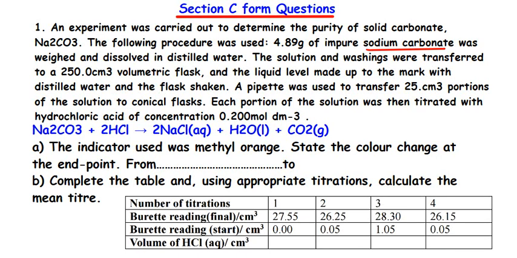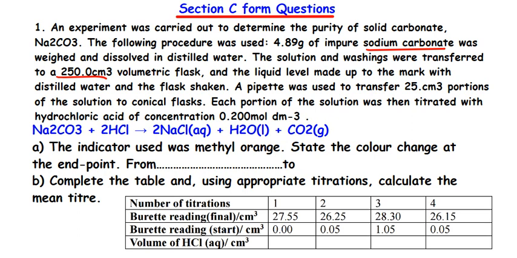The solution and washings were transferred into a 250 cubic centimeter volumetric flask, and the liquid level made up to the mark with distilled water and the flask shaken. A pipette was used to transfer 25 cubic centimeter portions of the solution to conical flasks. Each portion of the solution was then titrated with hydrochloric acid of concentration 0.200 molar per decimeter cubed.